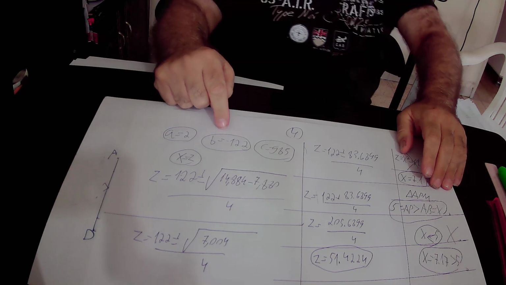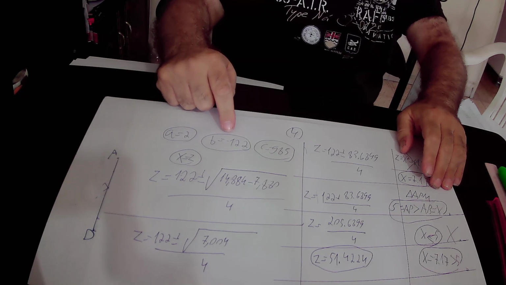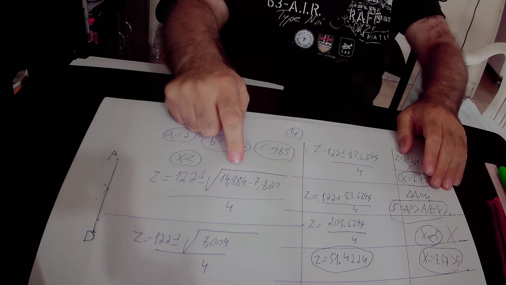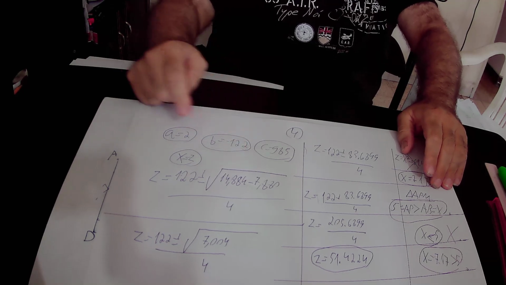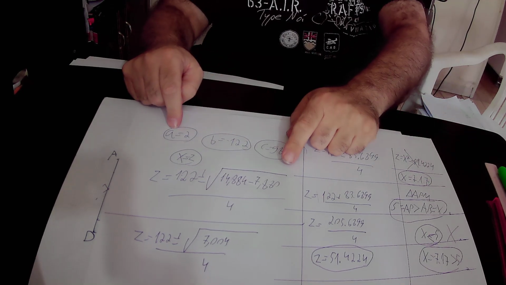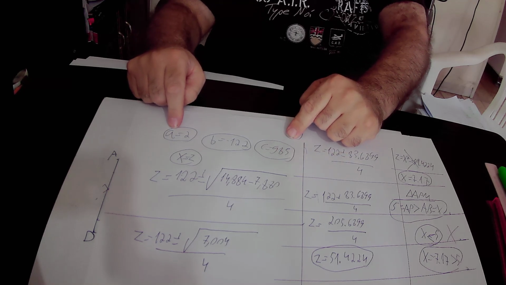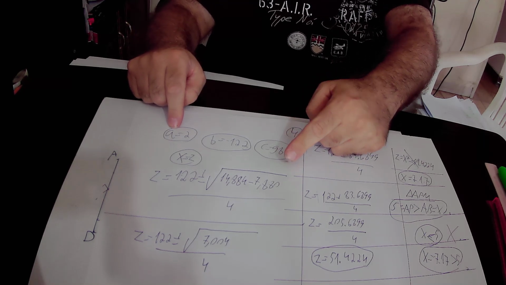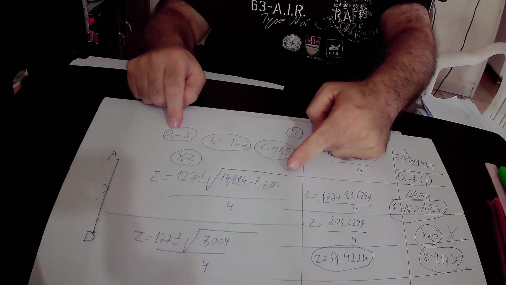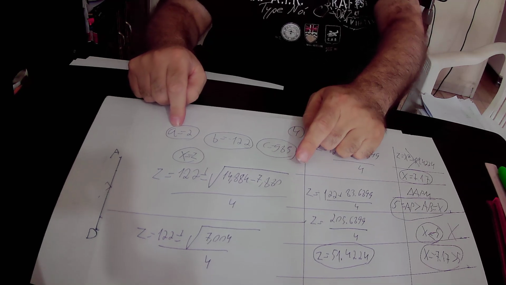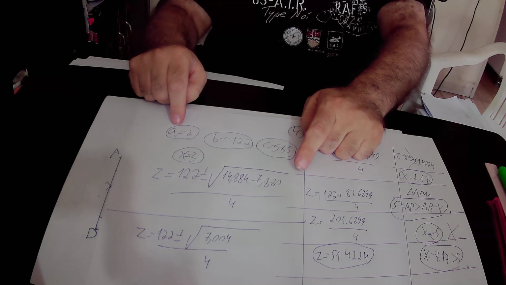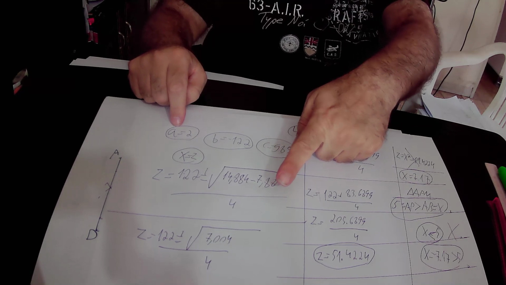B is minus 122, therefore b squared is minus 122 squared, that is 14,884. Minus 4 times a is 2, so minus 4 times 2 is minus 8, times c is 985, so minus 8 times 985 is minus 7,880, all divided by 2a.